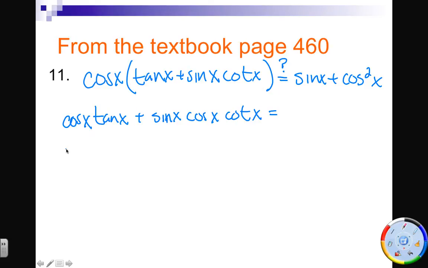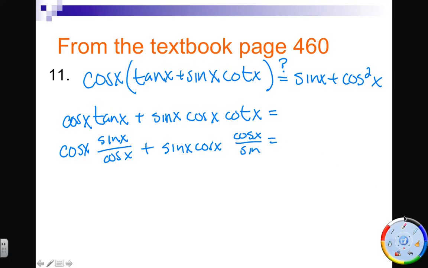But let's think about the sine and cosine stuff. So tangent is sine over cosine. I'm going to do the same thing to cotangent here, which is cosine over sine. And then I like to see this. Cosine on the top, cosine on the bottom.